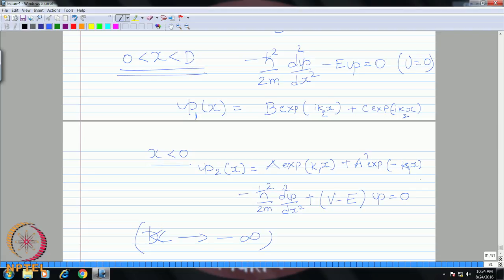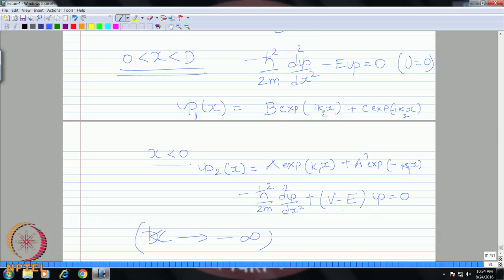So, exponential of infinity is what? Infinity. So, in order to make this finite, therefore, a prime has to be 0. This is why we want to work with the real values here.